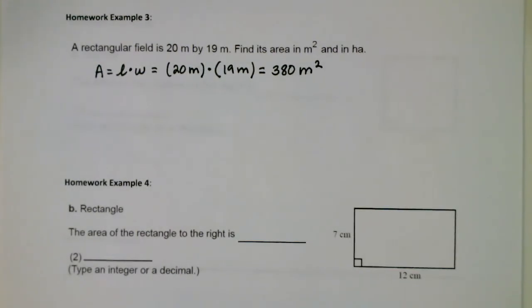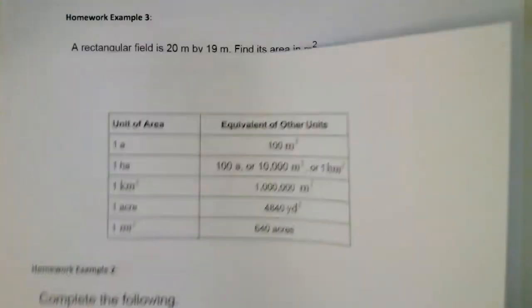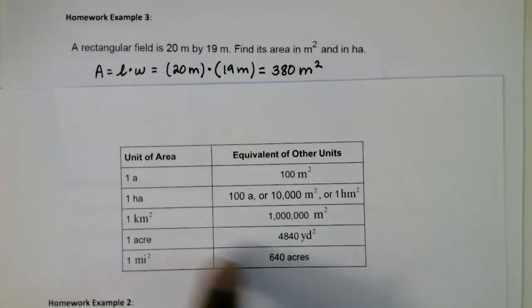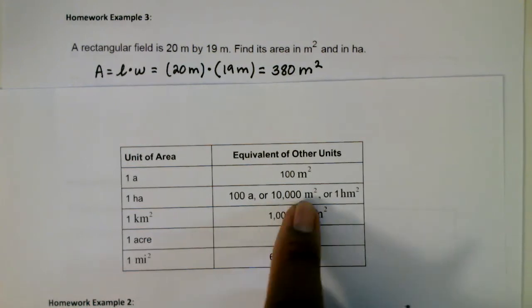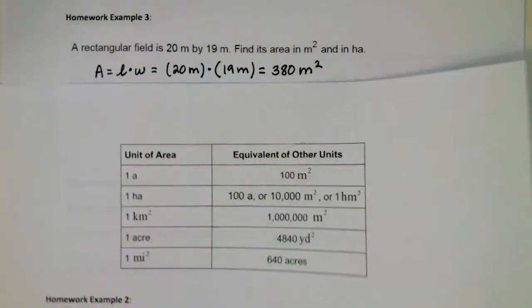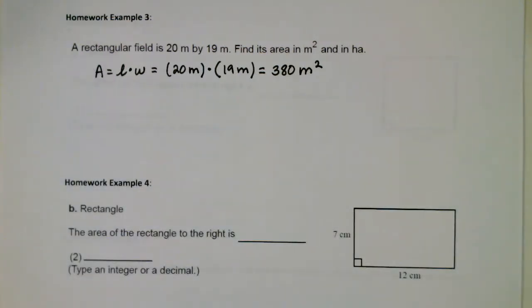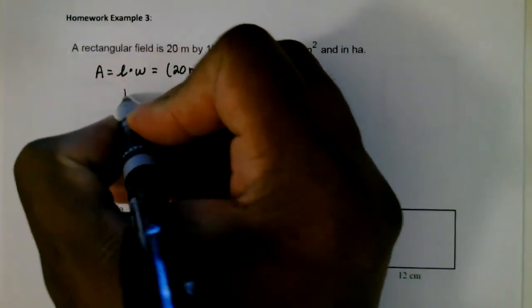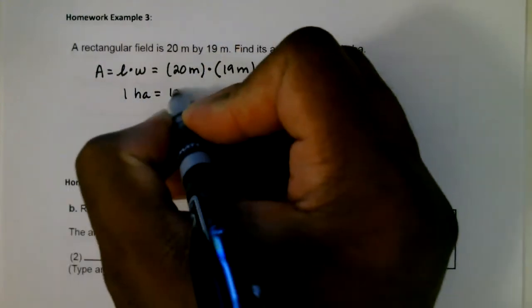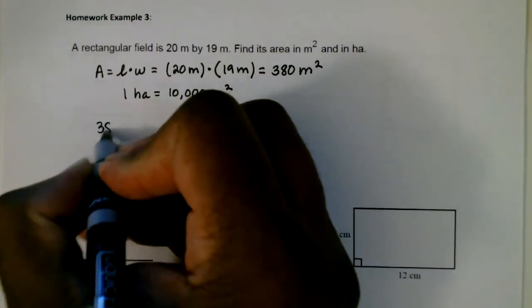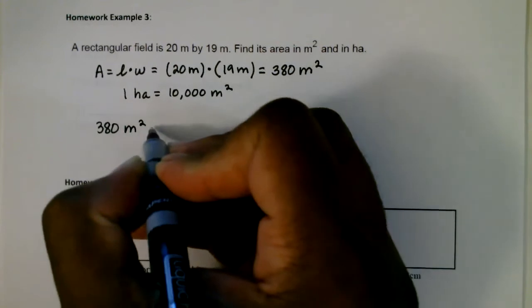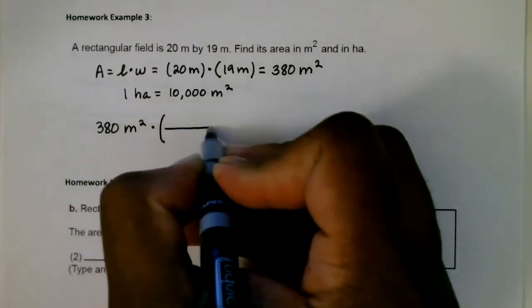Now we want this in hectares. So we have to go back to that conversion chart dealing with hectares. And of course, 1 hectare, now this is in square meters, has to be 10,000 square meters. So now for 380 square meters, we want that to go to hectares.